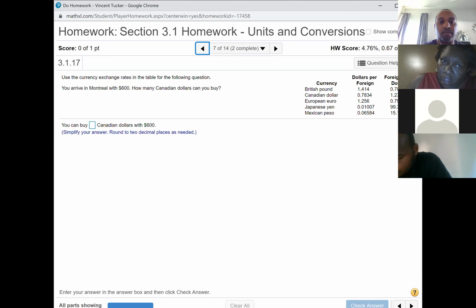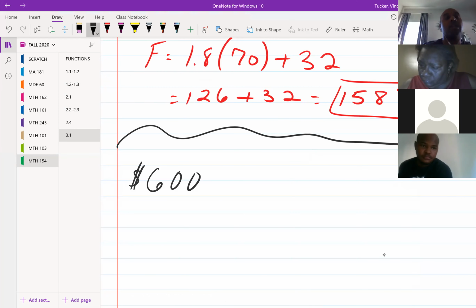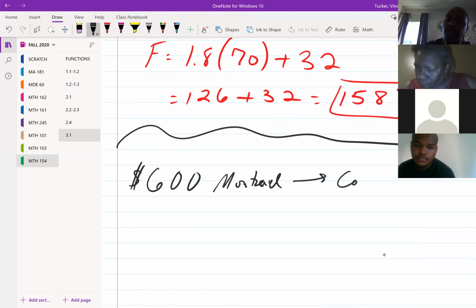Now your foreign is the Montreal, and the Canadian dollars is what you want to convert it to. So let me write it out first. We're looking at $600 Montreal dollars, and we want to go to Canada.